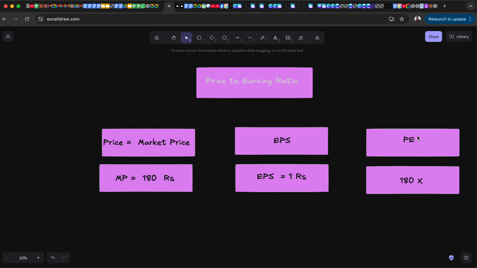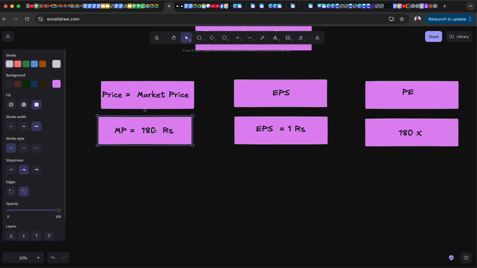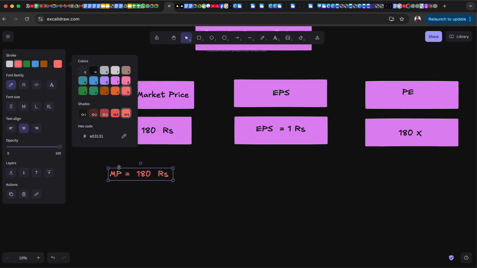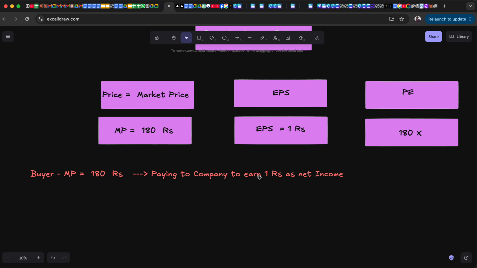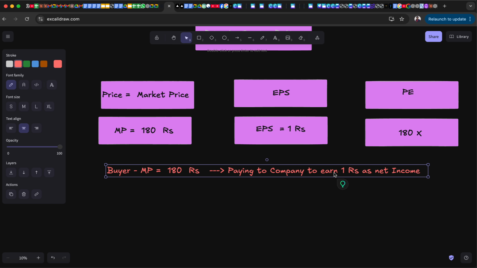Now, to understand this logic, how you can read the price to earning ratio: as a buyer, when you buy the investment, guys, the buyer is paying 180 rupees to the company to earn 1 rupee as net income from the operations. Did you get what we are saying?